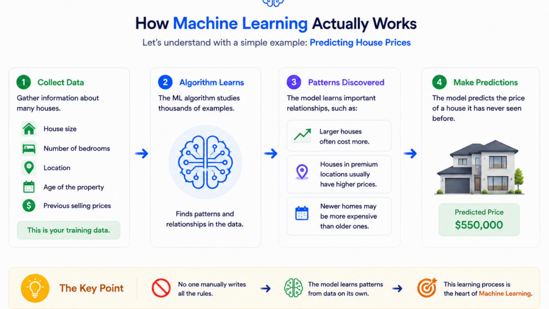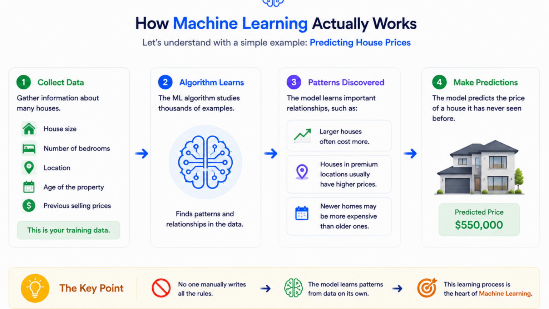Let's learn about how machine learning actually works. Now, here is where things become interesting. Let us imagine you want to predict house prices. You collect information such as house size, number of bedrooms, location, age of the property, previous selling prices. This information becomes your training data. The machine learning algorithm studies thousands of examples.